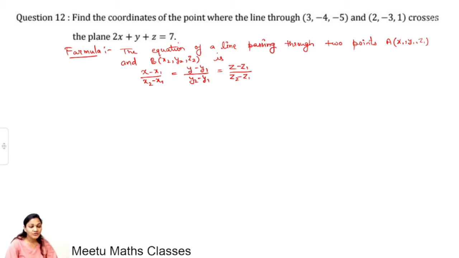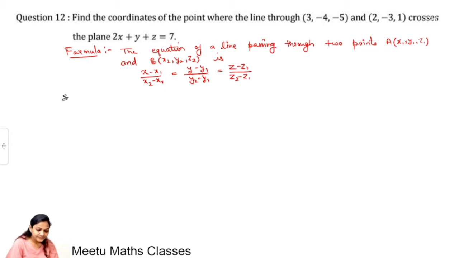Now the formula for the equation of a line passing through 2 points: your first point is A, that is x1 y1 z1, your second point is B, that is x2 y2 z2, and the equation of the line will be x minus x1 upon x2 minus x1 is equal to y minus y1 upon y2 minus y1 is equal to z minus z1 upon z2 minus z1.